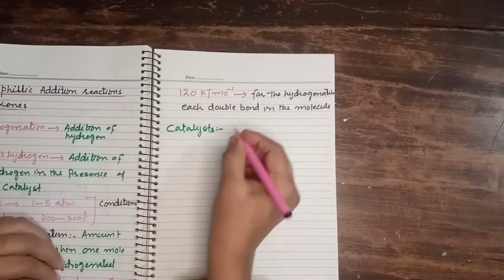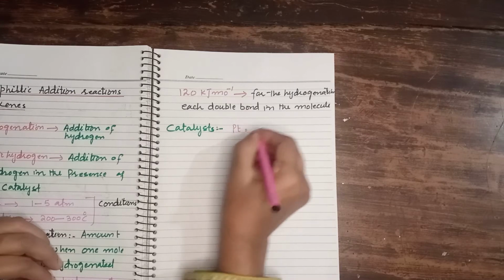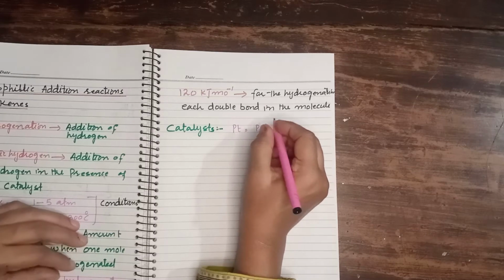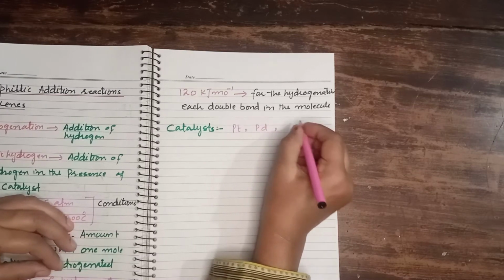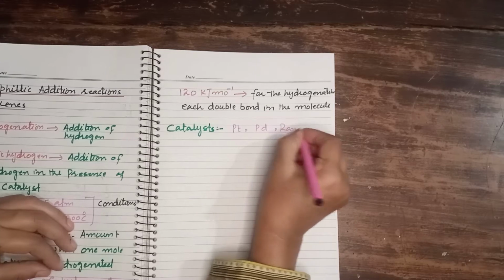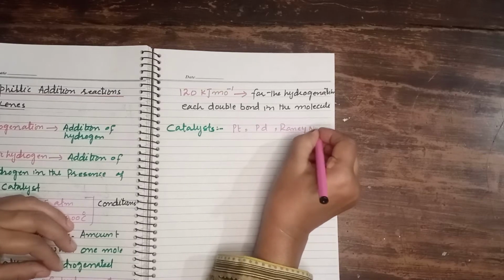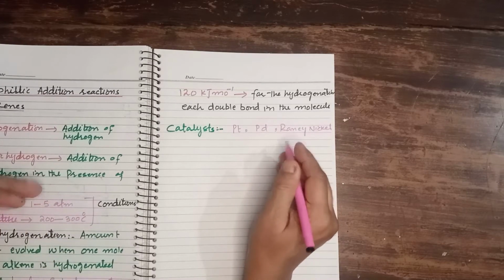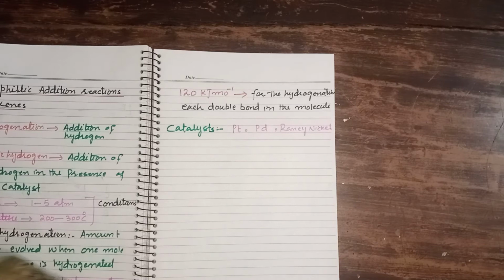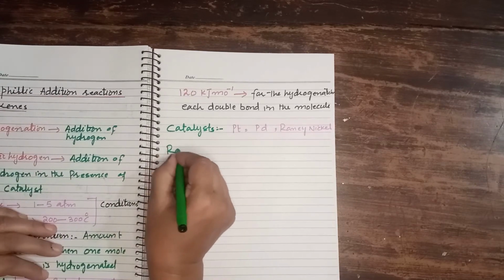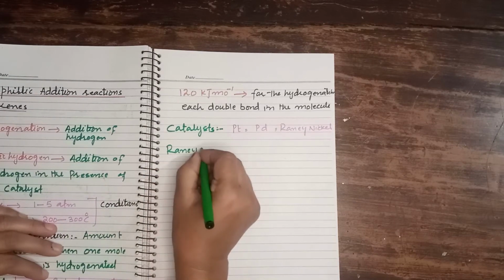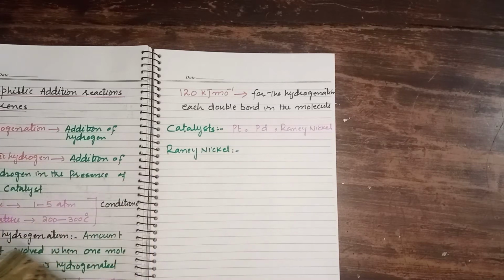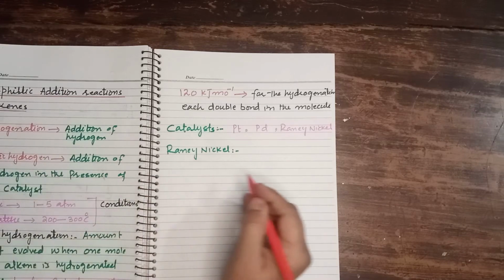We can either use platinum, or palladium, or we can also use Raney nickel. Usually, Raney nickel is used for the process of hydrogenation.